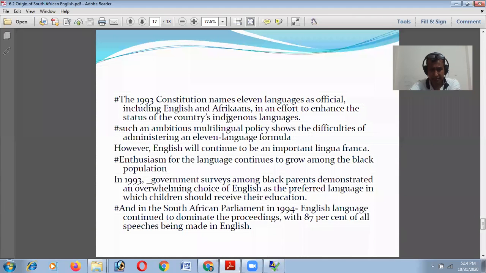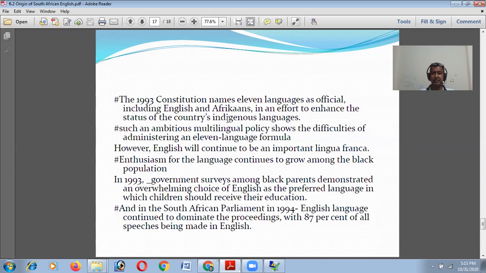In 1993, the Constitution named 11 languages as official, including English and Afrikaans. We know that in India, many languages are used. We see the same pattern in Africa, where 11 languages have become the official languages. It is an effort to enhance the status of the community's indigenous languages.